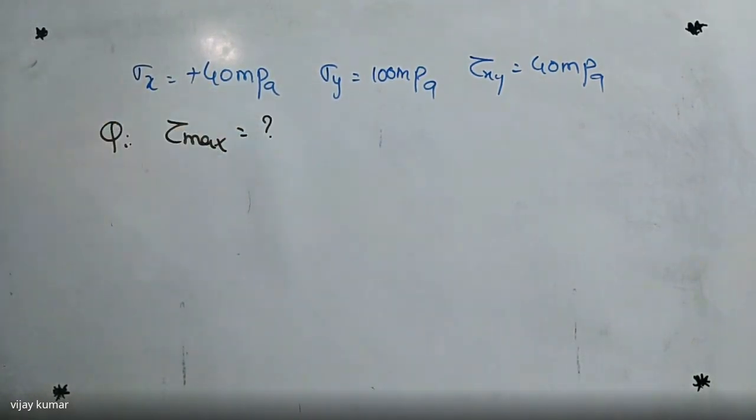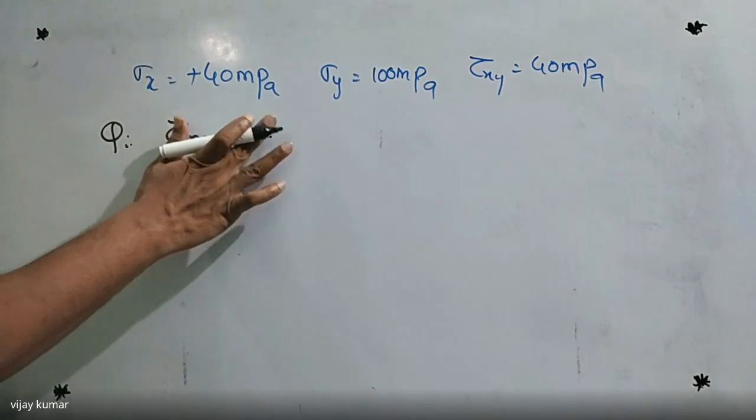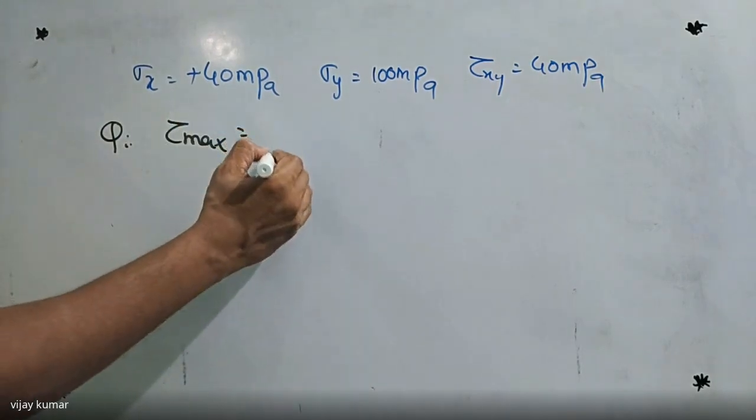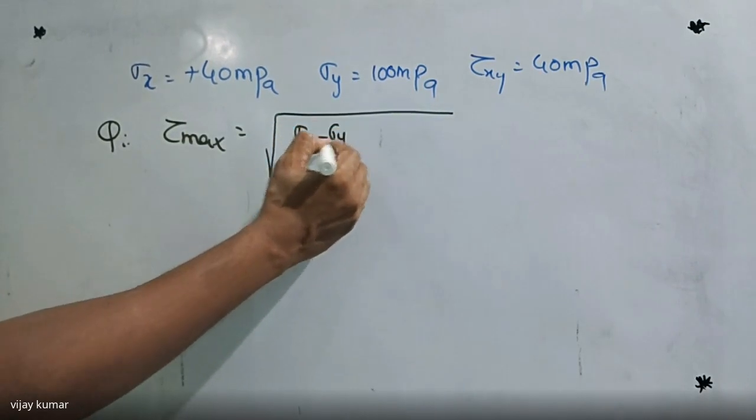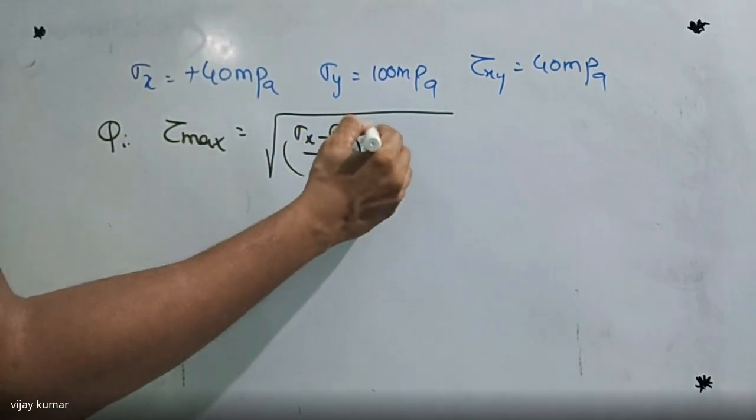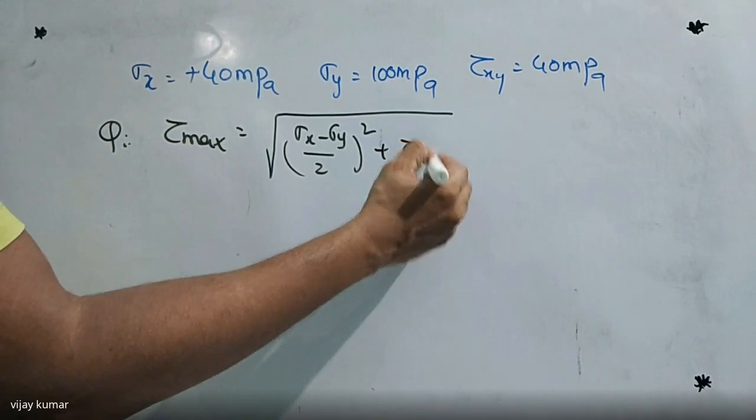So this case is directly given, that is biaxial shear. In case of biaxial shear, what is the formula for tau maximum? Tau maximum is equal to square root of, we know the formula, (sigma x minus sigma y by 2) whole square plus tau xy square.